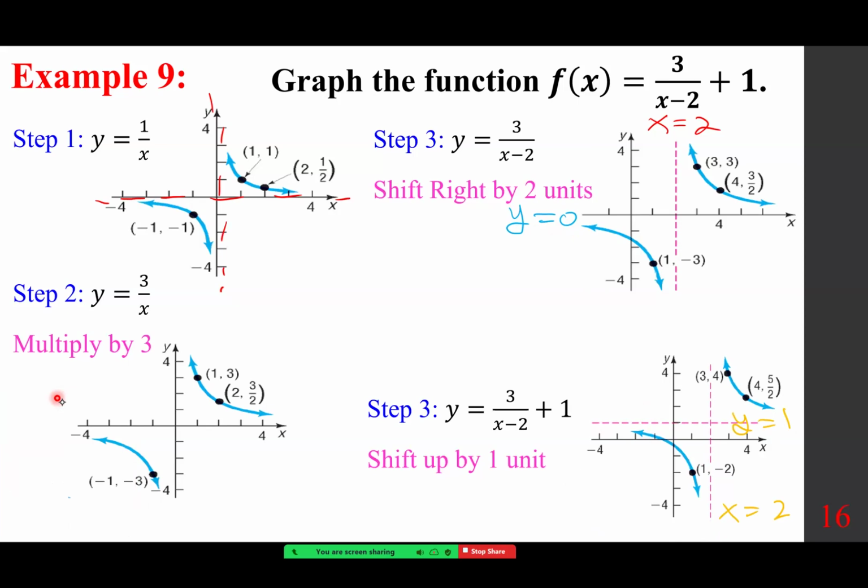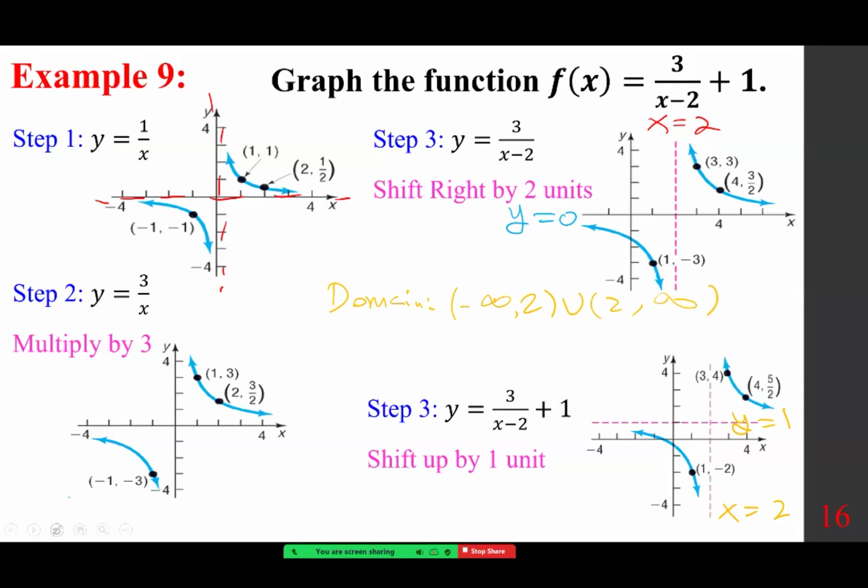By the way, the reason I'm writing those is because if you were to write the domain and range, you should consider that. For example, if I want to write the domain, remember, you want to get rid of the vertical asymptote, which is x equals 2. So minus infinity to 2, union 2 to infinity.